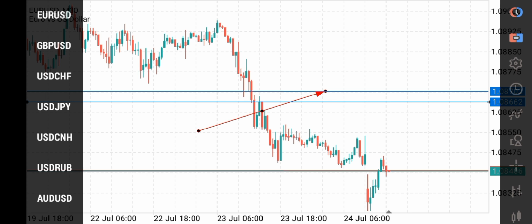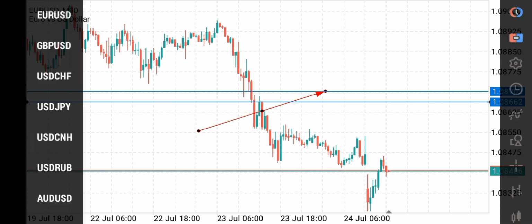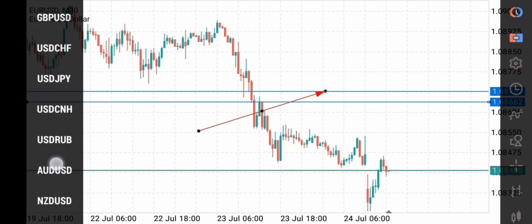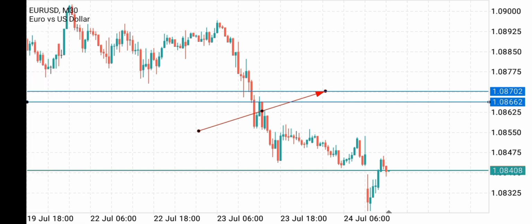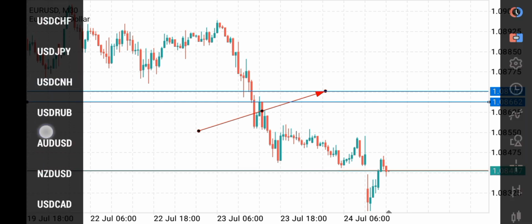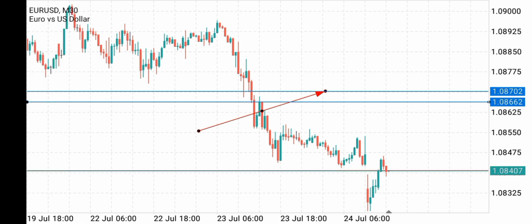As you can see right here on the left hand side of my screen, there are so many currency pairs that I have here. So the first one is euro USD. Remember in the first video I told you there are so many currencies that you can trade in the forex market. Whenever you want to trade in the forex market, two pairs are usually attached together.